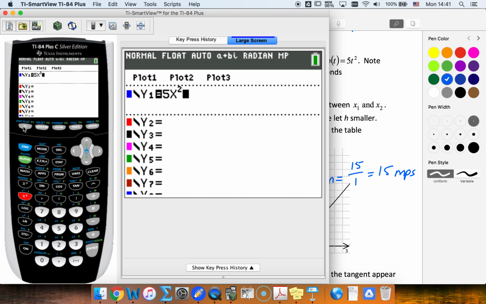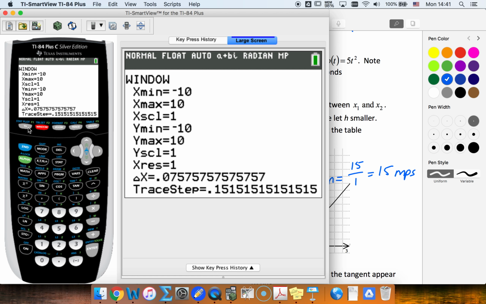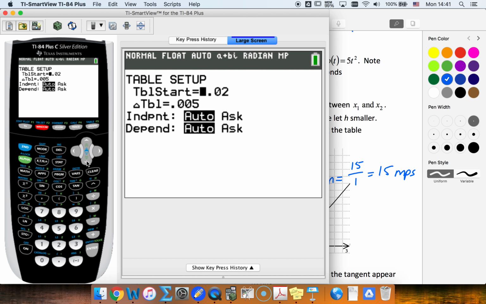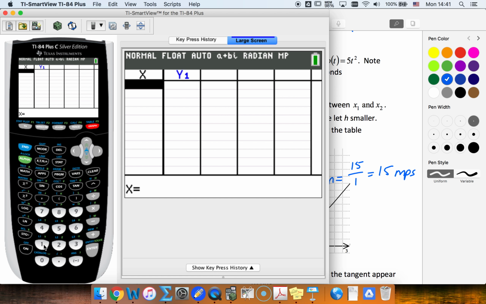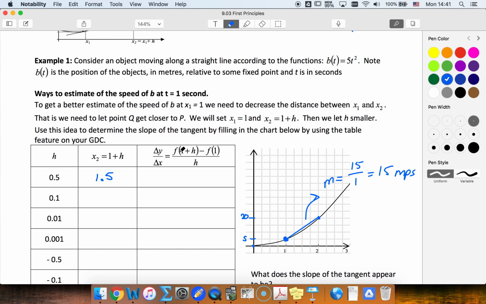And now I can take my table settings, and change my independent variable to ask. So now if I go into my table, I want to figure out my y1 value at 1.5 seconds, and I get 11.25. So 11.25 minus 5 over 0.5.